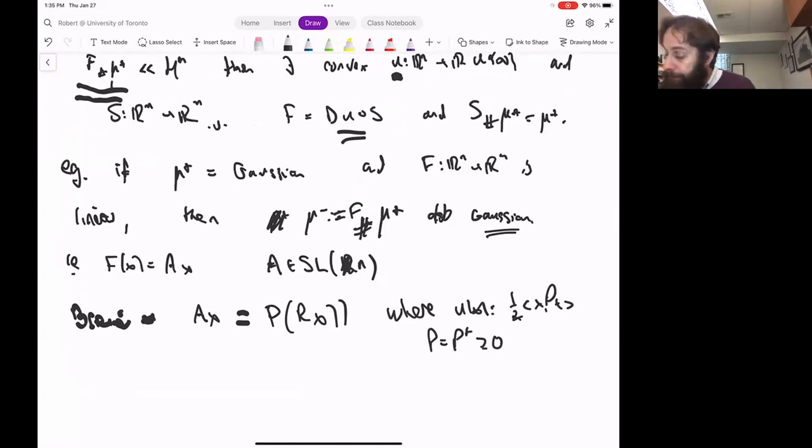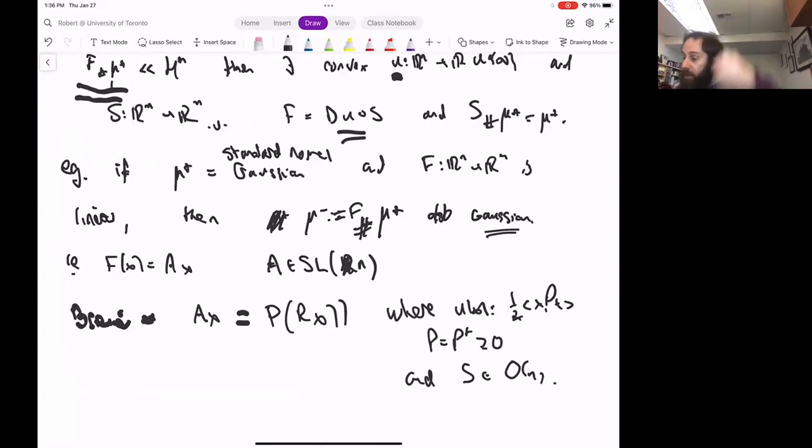And R here is going to be an orthogonal matrix. And let me make this the standard normal Gaussian. And so S will be either a rotation or a reflection, and rotations and reflections preserve the standard normal Gaussian.